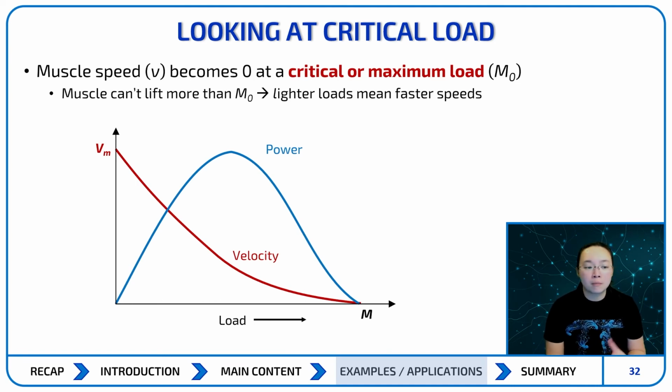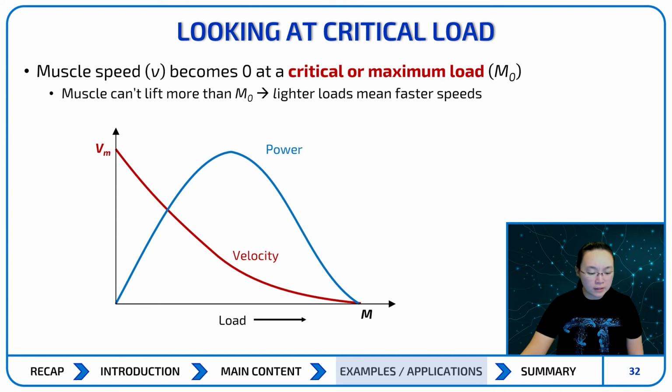So by looking at this graph, which was obtained by the researcher A.V. Hill, he noticed that, of course, lighter loads are going to mean faster speeds. And it's because of this that he was able to find a secondary equation to model muscle power as well.